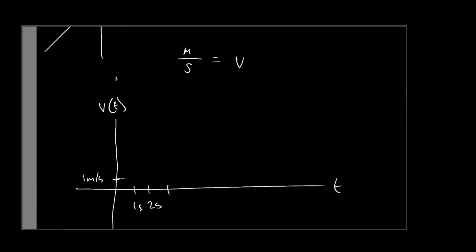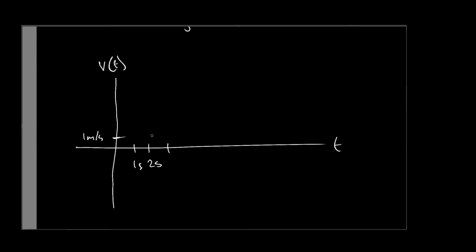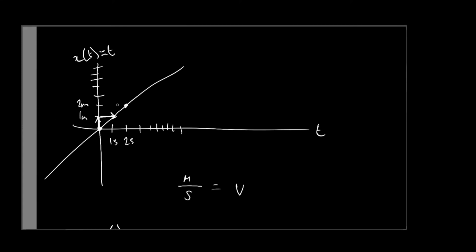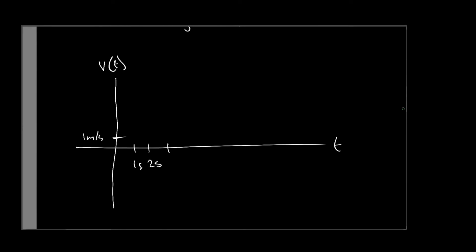Anyways, if you just look at this, the slope the entire way through in this particular situation is always rise 1 over 1, rise 1 over 1, etc. And it's always going to be 1, right? So if you're to draw a corresponding vt graph, no matter what the time is, the v is always 1, so it's just going to be a flat line.